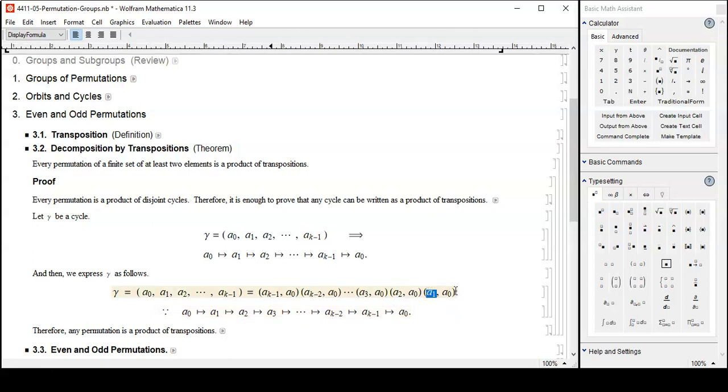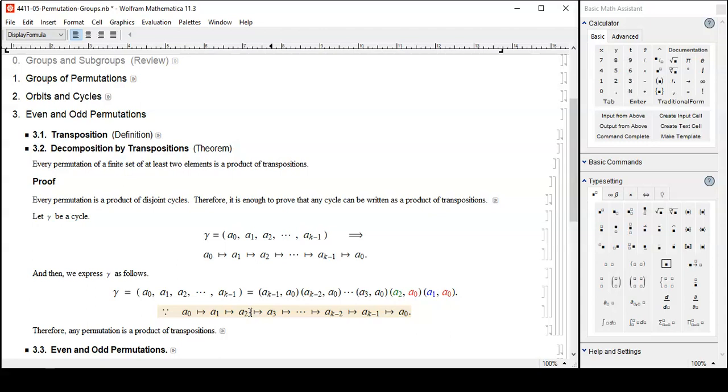A1 here goes to A0, and then A0 goes to A2, and then A2 does not appear here anymore. Consequently, A1 goes to A2.